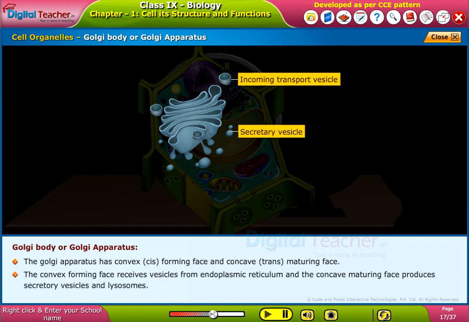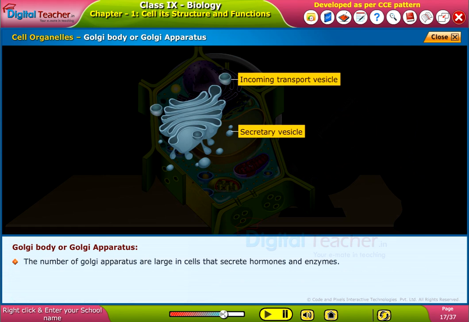The convex forming phase receives vesicles from endoplasmic reticulum and the concave maturing phase produces secretory vesicles and lysosomes. The number of Golgi bodies varies from cell to cell. The number of Golgi apparatus is large in cells that secrete hormones and enzymes.